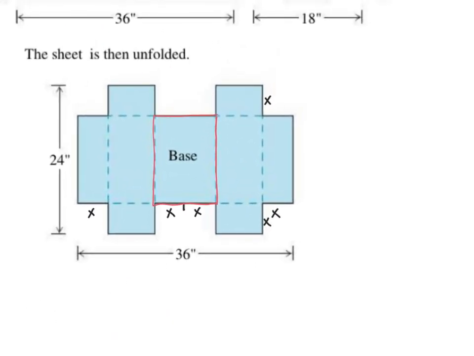Okay, the height's kind of weird. This distance here is the height. Hopefully you can see how this works. If you fold this flap up, this way, then this whole flap here becomes this.